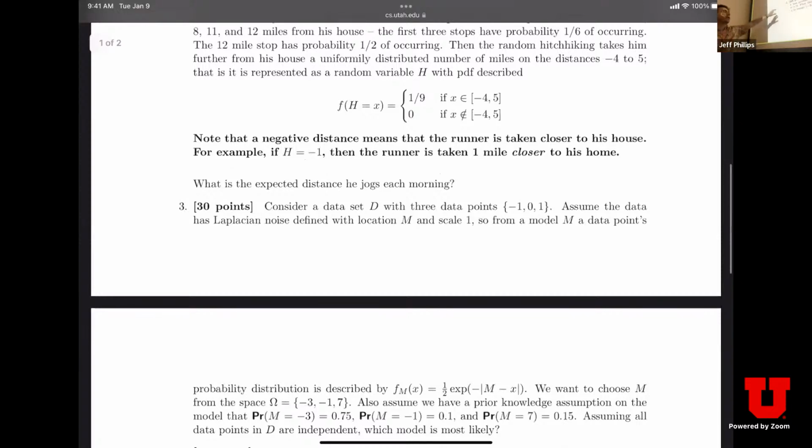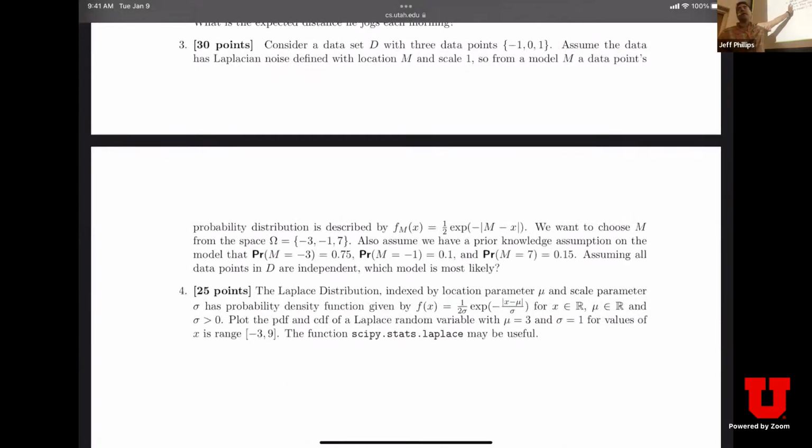The 4th one, I will ask you to create a plot in Python. It does not have to be in Python, but I recommend you do everything like this in the class in Python. Actually, in class today, assuming we finish everything, I'm going to show you how to do something very similar.